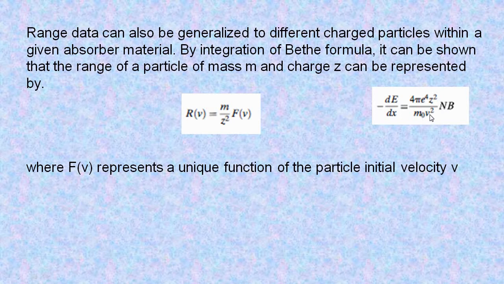Here v is the velocity, m0 is the electronic mass, and F(v) denotes a function which depends on the initial velocity. Then the range for a particular velocity will be m by z² times a function of v.